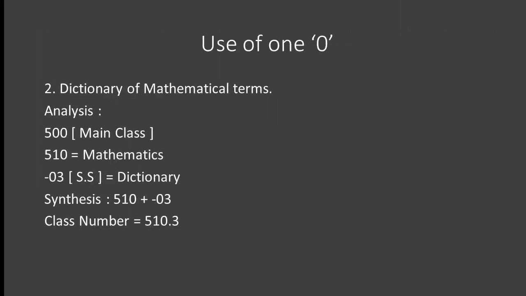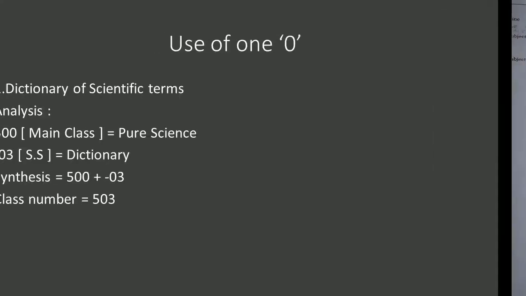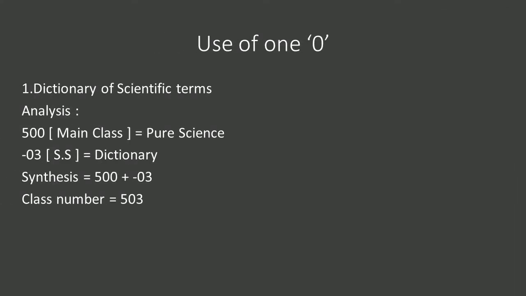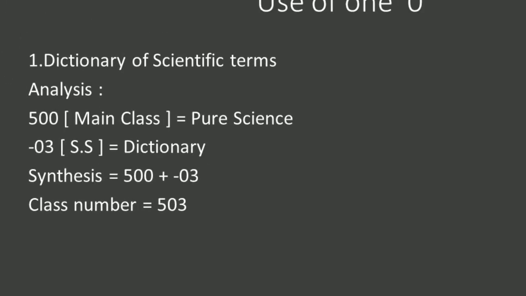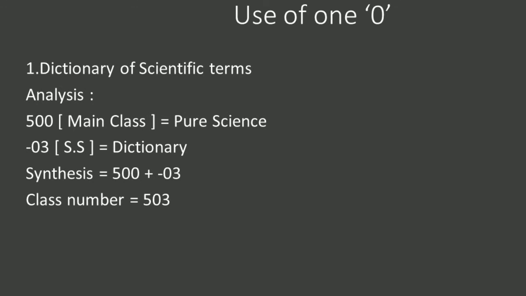But in the earlier case, there was no instruction, so I used a single 0, because this is the basic rule. Always we have to use a single 0 between the notation of main class and the notation of standard subdivision.